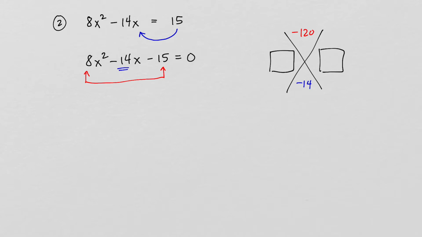Now, negative 120 has a lot of factors, but the ones that are going to work here are going to be negative 20 multiplied by positive 6. Because when you multiply those, you get negative 120, and if you add those, you're going to get negative 14. So those two magic numbers are negative 20 and positive 6.